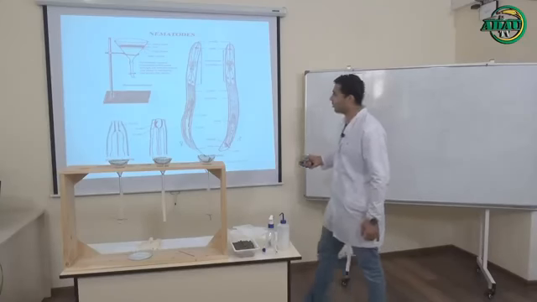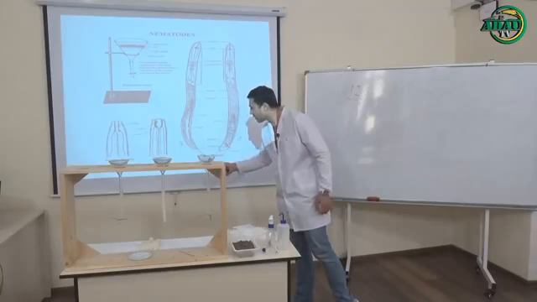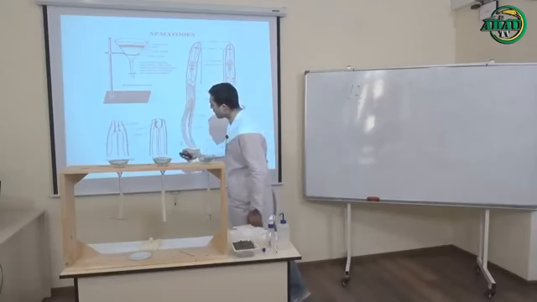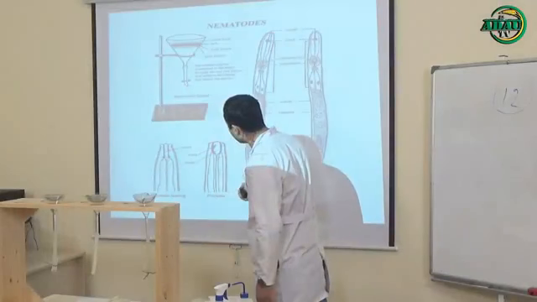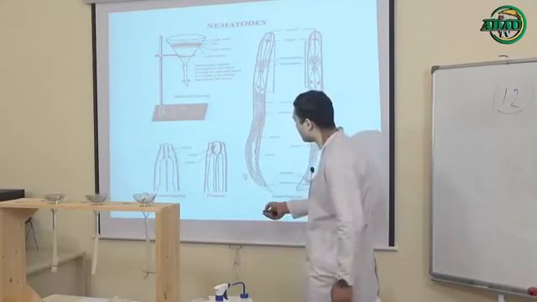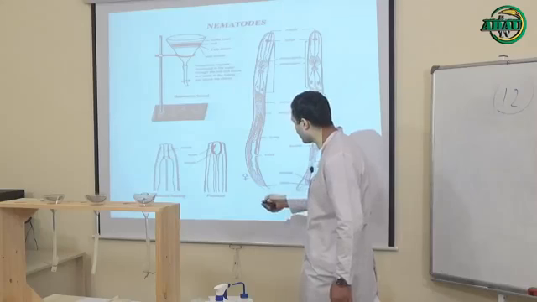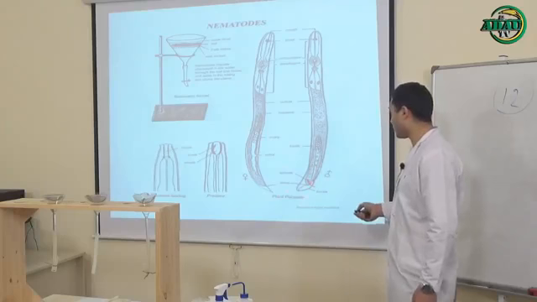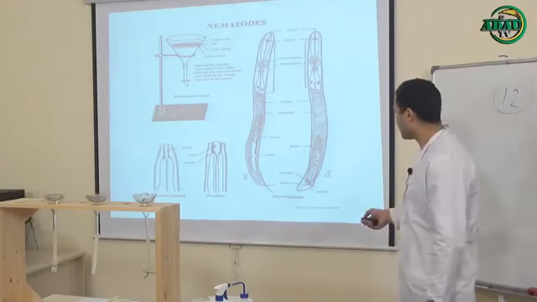Here we can see a bacterial feeding nematode mouth. The mouth is different from other nematodes' mouths. Here are also predator nematodes, and the last kind is the important and interesting one for us.